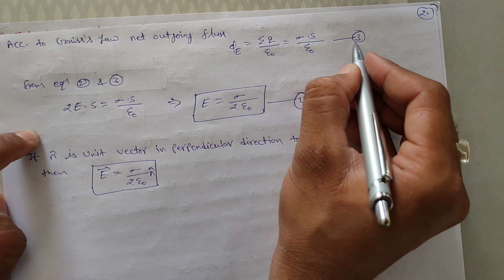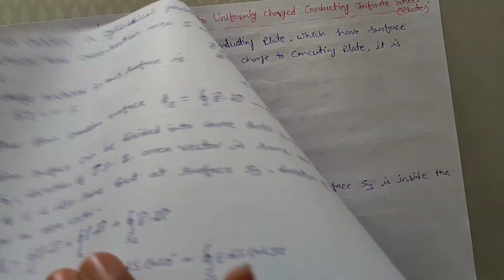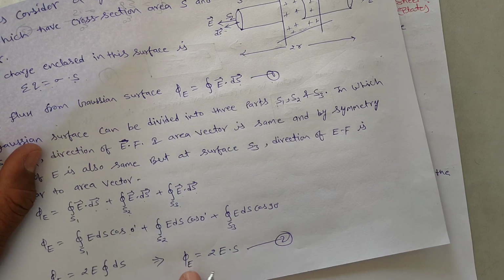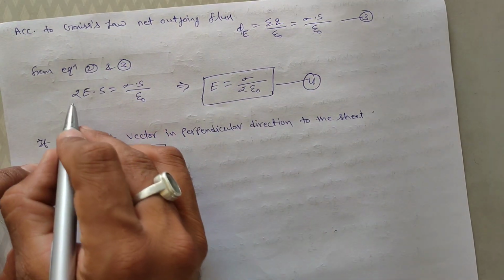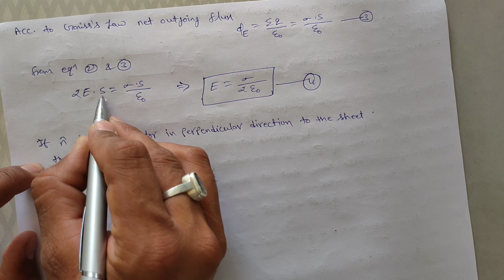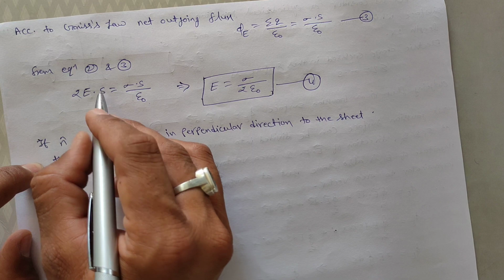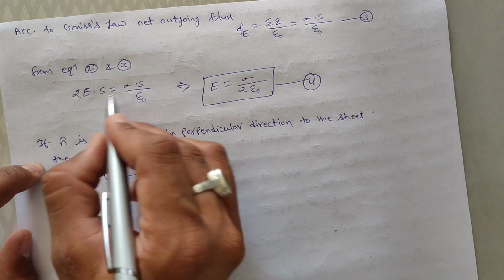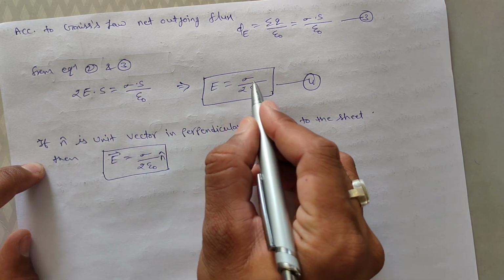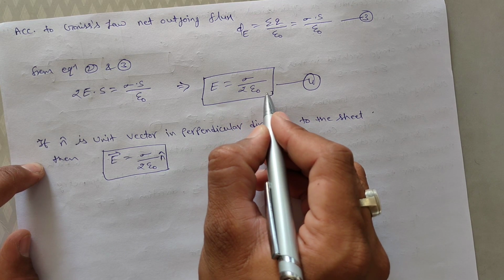This is equation number 3. Equations 2 and 3 both represent the value of electric flux. Then from equations 2 and 3, 2 into E into S equals sigma into S upon epsilon naught. The S cancels out, then E equals sigma upon 2 epsilon naught.